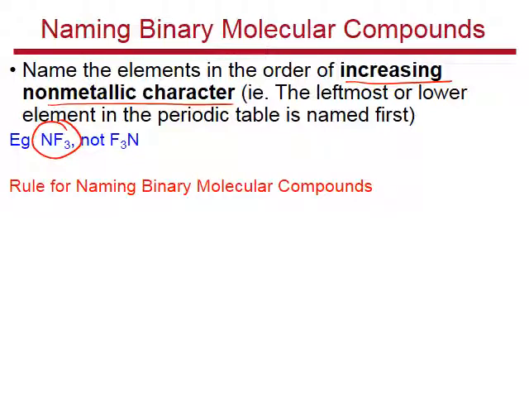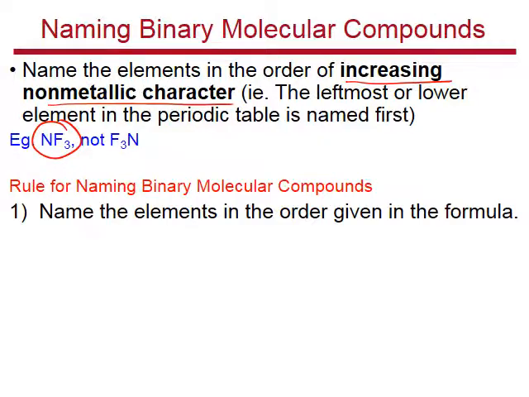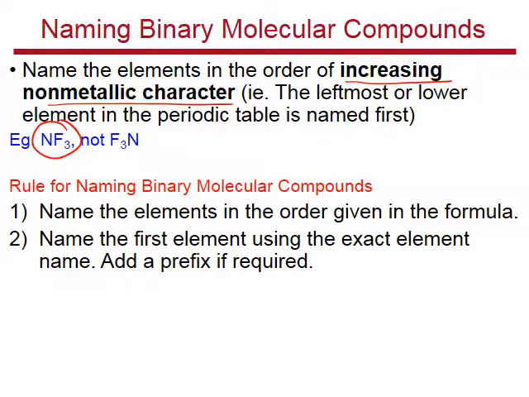The rule for naming binary molecular compounds by a prefix system is really simple. We name the elements in the order given in the formula. We name the first element using the exact element name. You then add the prefix, if required, derived from the Greek, to each element name to denote the subscript of the element in the formula.